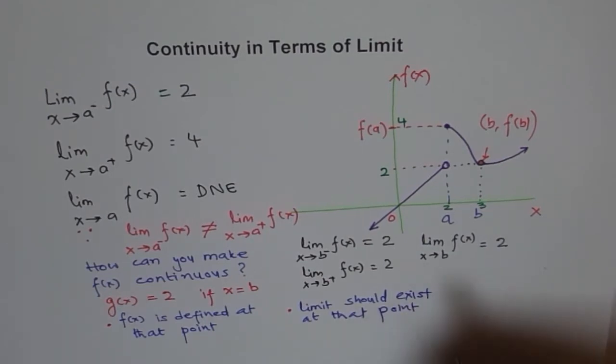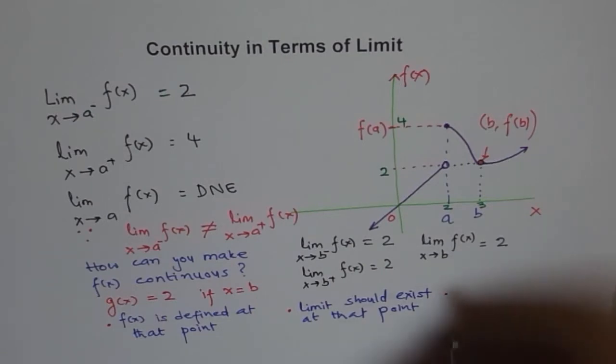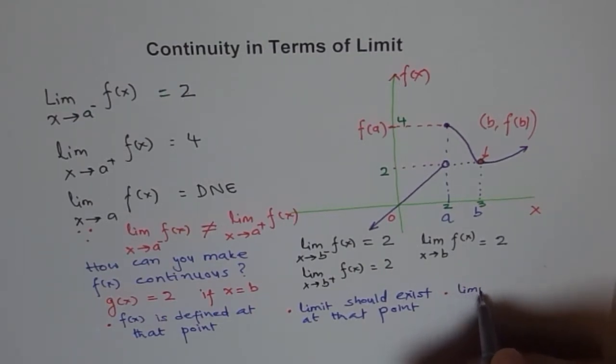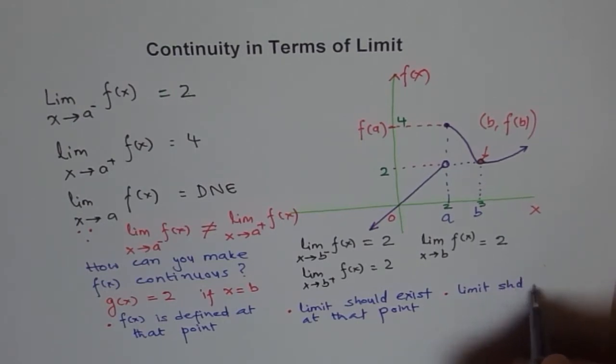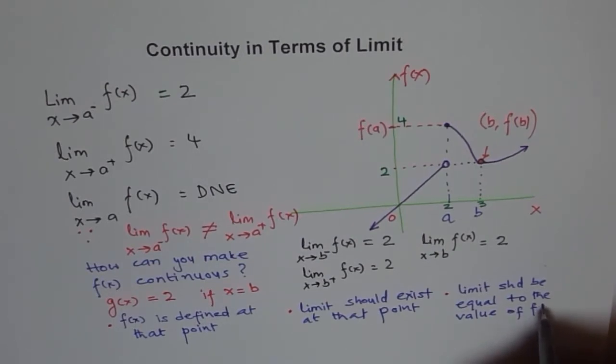And the third is that the limit should be equal to the value of the function, the limit of f of x at that point. Does it make sense?